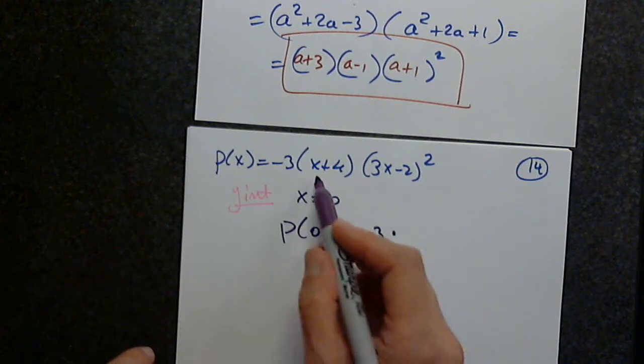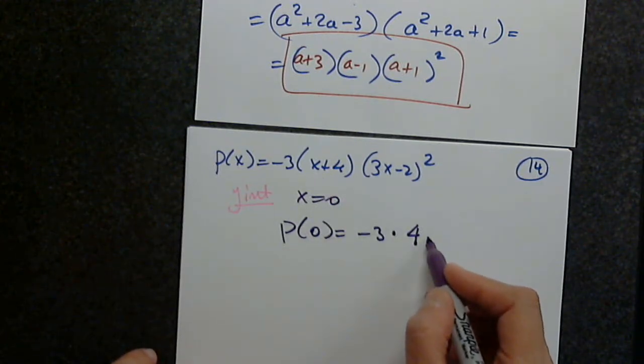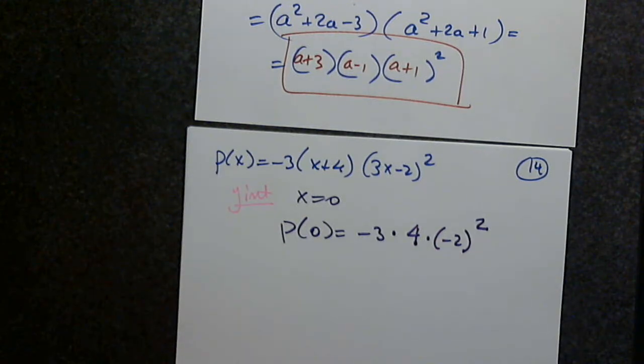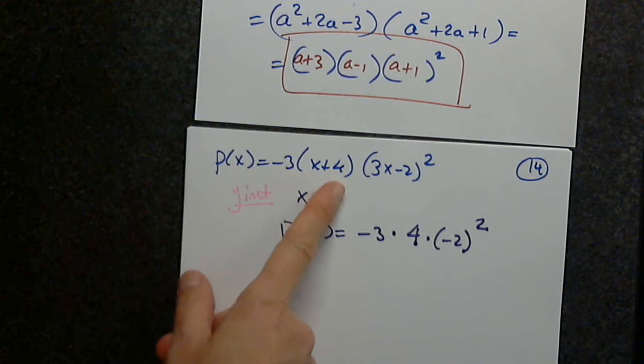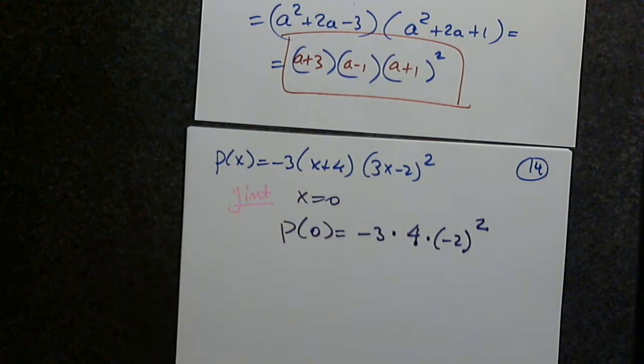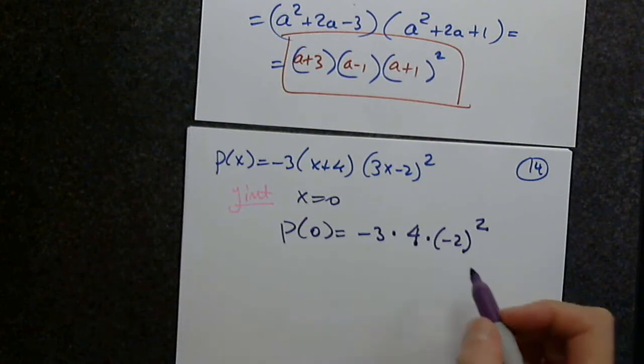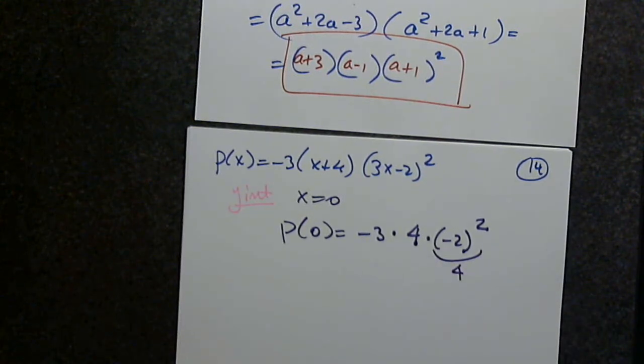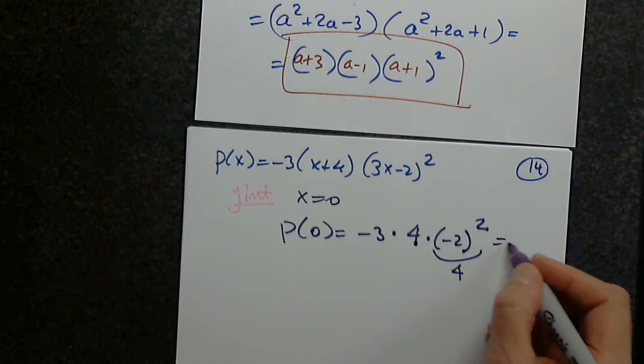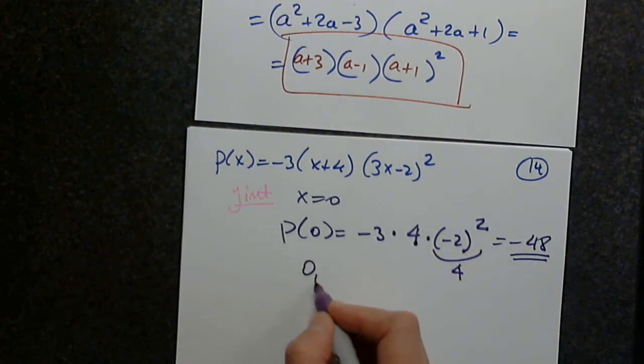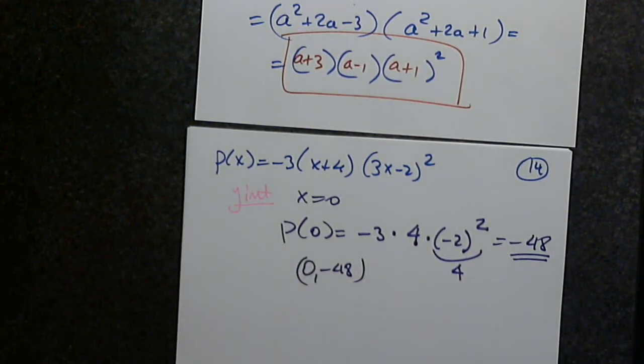So -3 times 4 multiplied by (-2) squared. Finding the y-intercept is always the case: we plug in 0 for x. So then -3, 0 plus 4 is 4, 0 minus 2 is -2 squared. We have to start with the square, which gives us a 4. And then 3 times 4 is 12. 12 times 4 is 48, and there is a minus in front, and we get -48. So (0, -48) is the y-intercept.